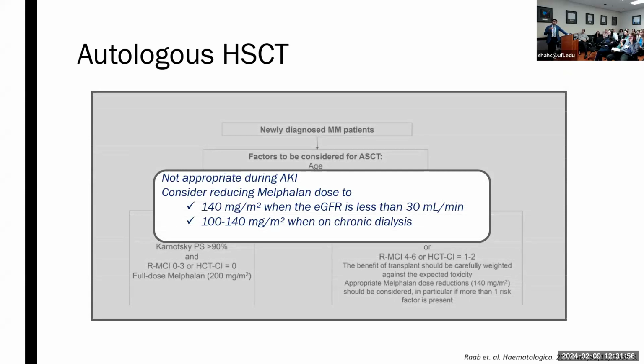The traditional dose is 200 milligram per meter square, but below 30 ml per minute of GFR it is adjusted to 140 milligram per meter square, or it can be divided as 70 milligram per meter square over 2 days. Our center standard is to consider 140 milligram per meter square, which is being used in that patient I just discussed earlier, who is on dialysis. That patient is going for bone marrow transplantation and is going to receive 140 milligram per meter square.